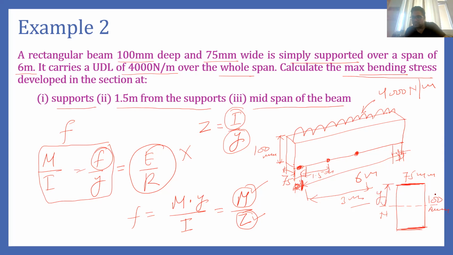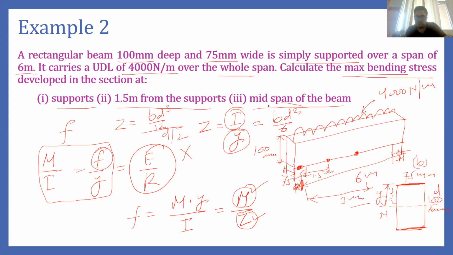So if we consider this depth as D and 75 mm width as B, so ultimately we can calculate Z value as I is BD cube by 12. And what will be the value of Y? Y is measured from neutral axis to the topmost fiber. So Y here will be D by 2. So solving this, we get the Z value as BD square by 6.